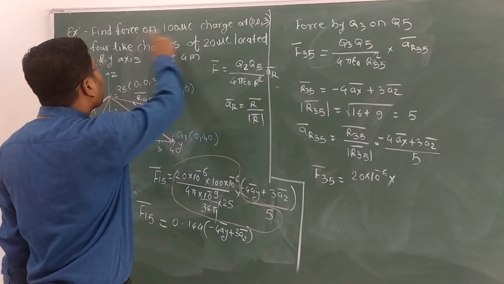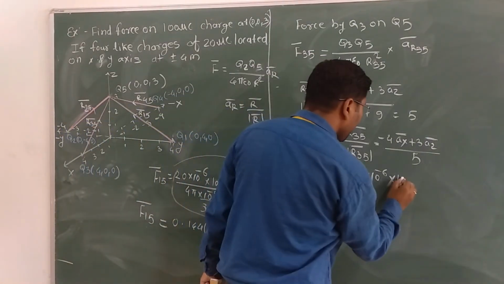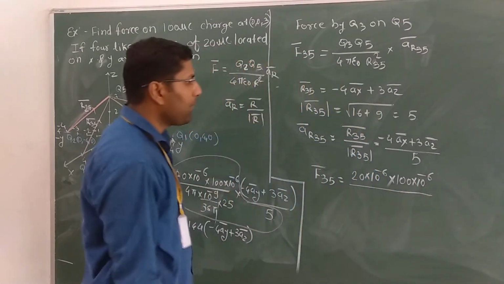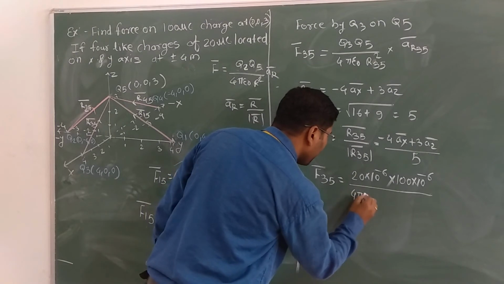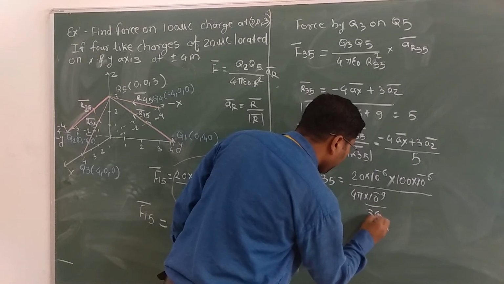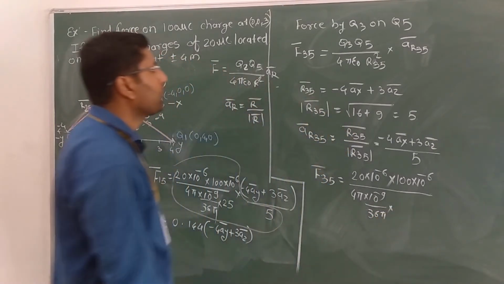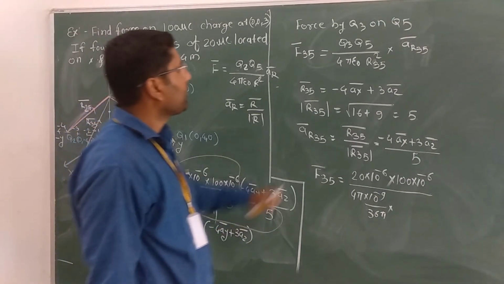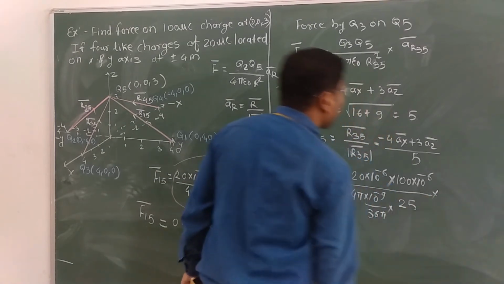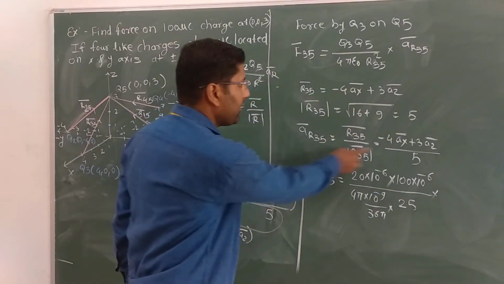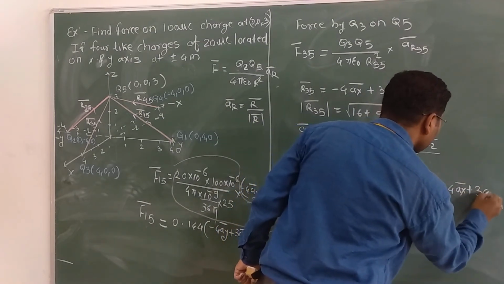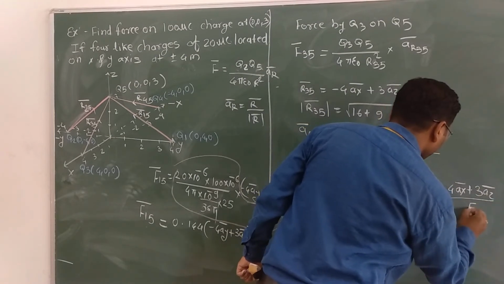Q5 we know is 100 microcoulomb, 100 into 10 raised to minus 6, divided by 4 pi epsilon 0, which is 4 pi into 10 raised to minus 9 divided by 36 pi, into R35 square. R35 square is 25, into the unit vector. What is the unit vector value? AR35 bar, as given, is minus 4 ax bar plus 3 az bar divided by 5.